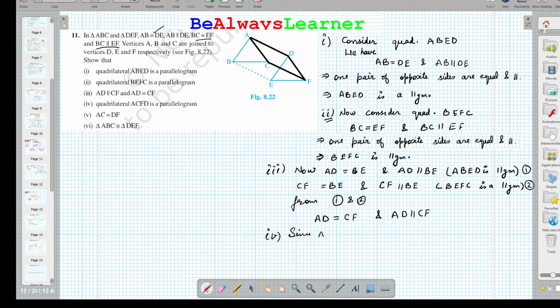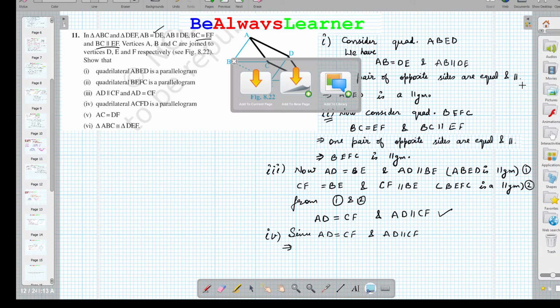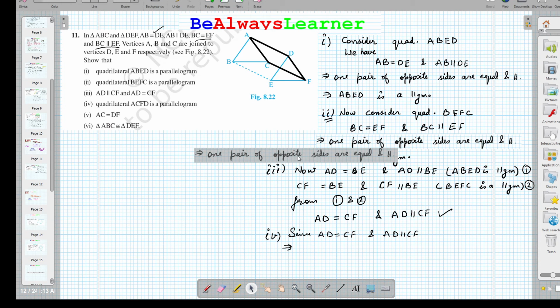Since AD is parallel and equal with CF, as in the proof above, one pair of opposite sides are equal and parallel.